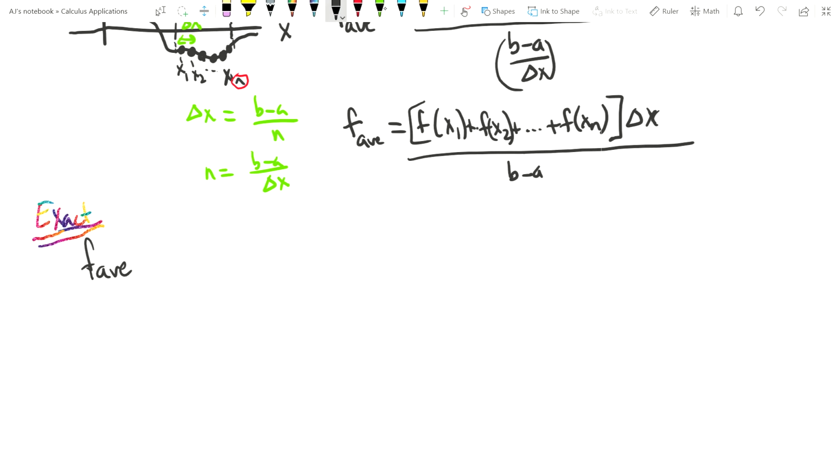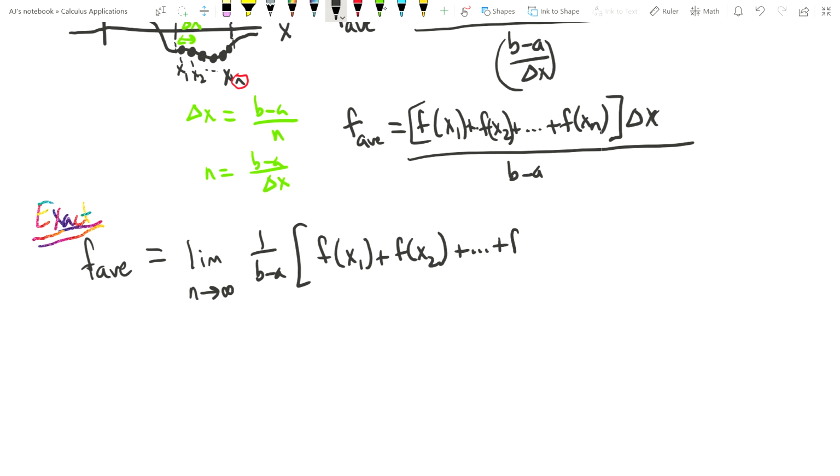The exact value of the average of the function is simply the limit as n goes to infinity of, I'm just writing this in a slightly different way, we're going to move the 1 over b minus a out front, and this is f of x1 plus f of x2 summed all the way to f of xn, and then times delta x.